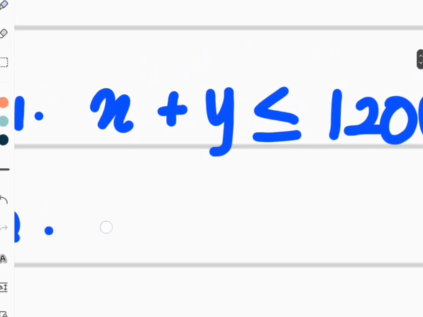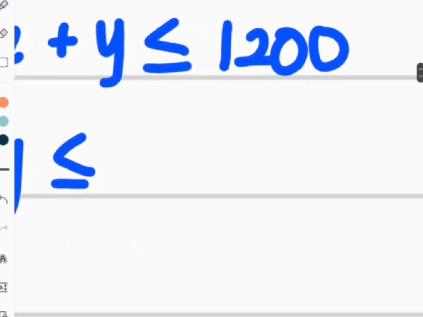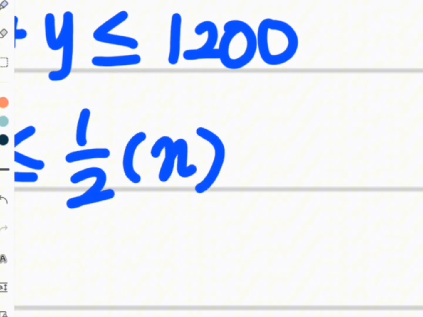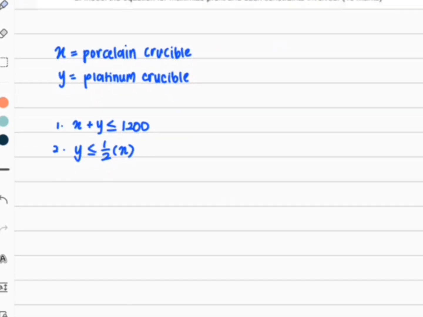So, Y is less than or equal to half multiplied by X, since it is no more than half the demand for porcelain crucible.